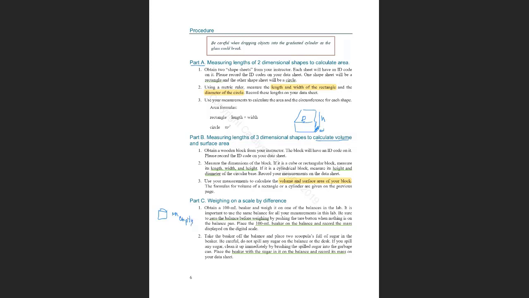And then it says put some sugar inside the beaker, and you're going to have the mass of the beaker plus the sugar. And they will ask you, what is the mass of the sugar? Obviously, you're going to subtract this mass minus the mass of the empty beaker. So this is part C.